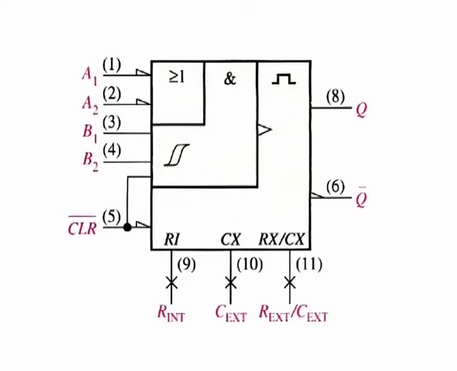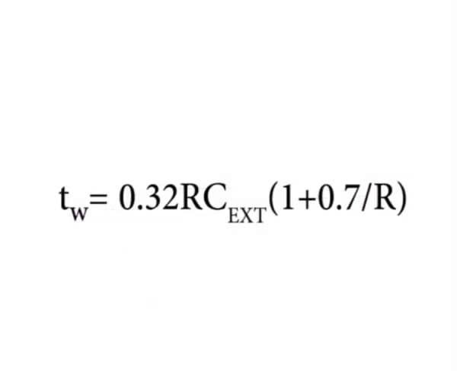A general formula for calculating the values of these components for a specified pulse width is TW is equal to 0.32 R C external times (1 plus 0.7 over R), where 0.32 is a constant determined by the particular type of one-shot.